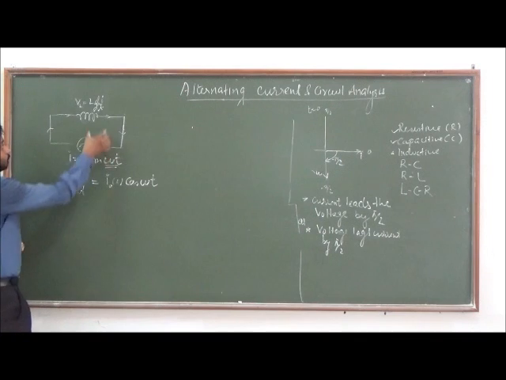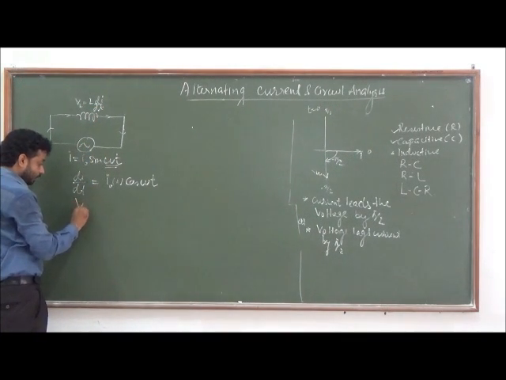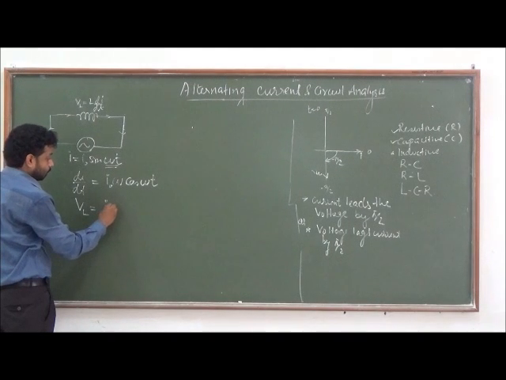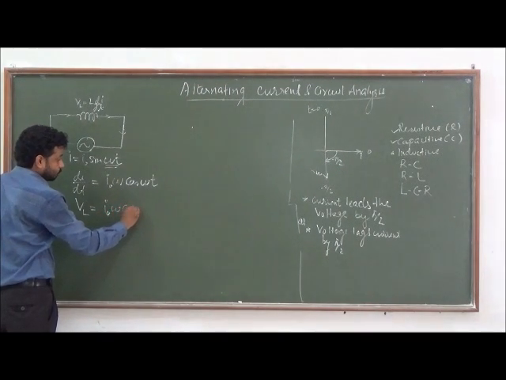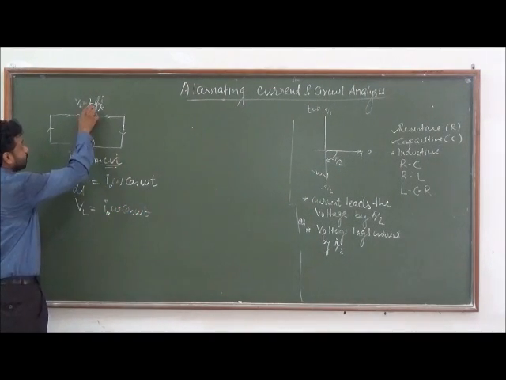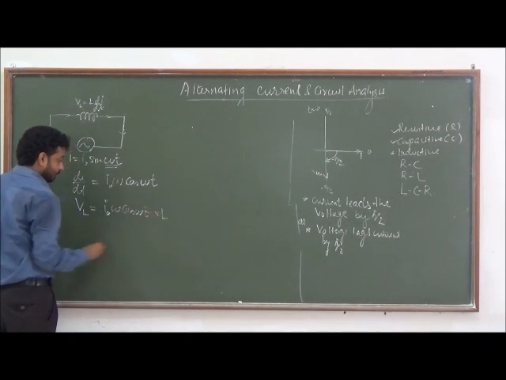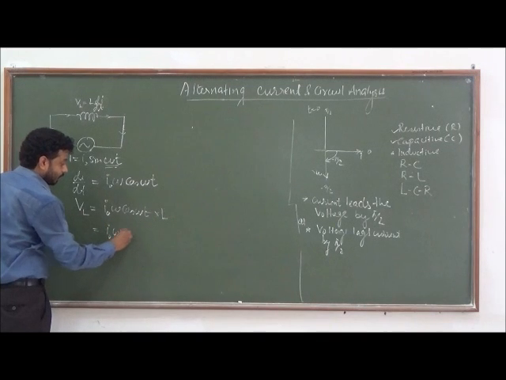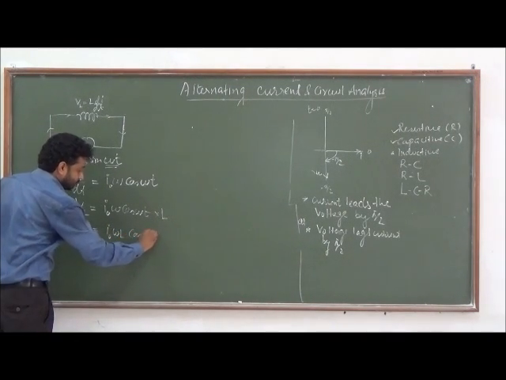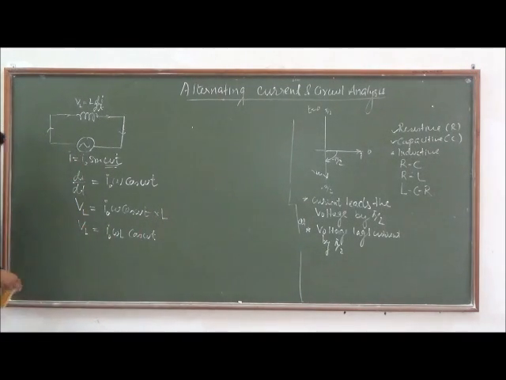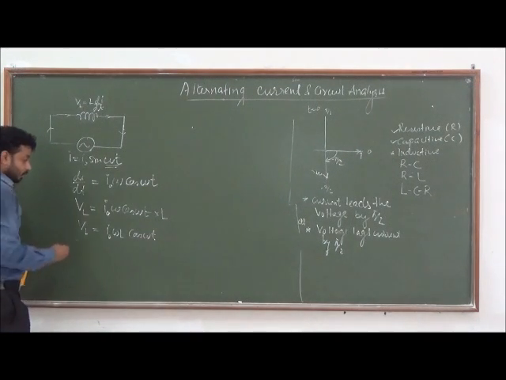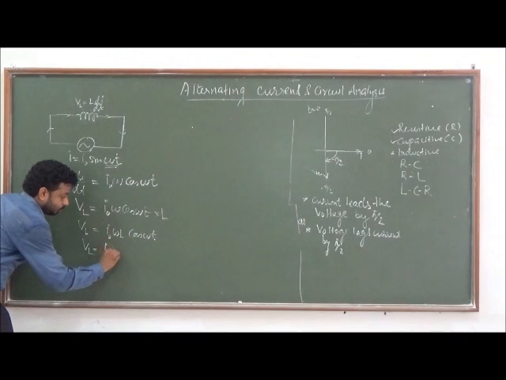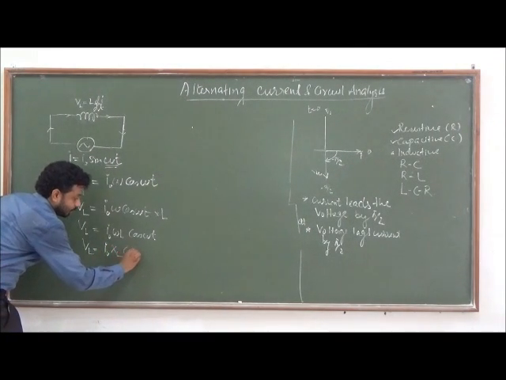If I put this value here, then my potential across the inductor will be I0 into omega into cos omega t, and then at the end we multiply this with L. So my equation will look like this: I0 omega L cos omega t. Okay. Let me write this omega L as I0 into XL cos omega t.